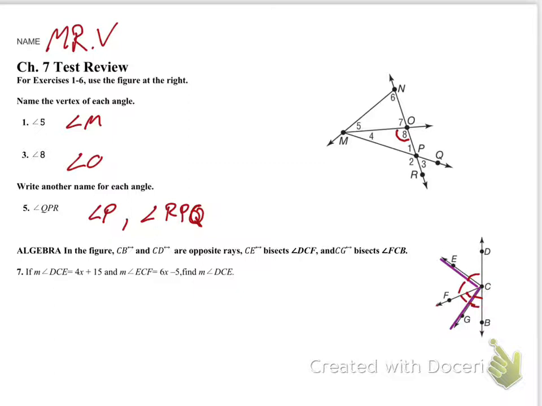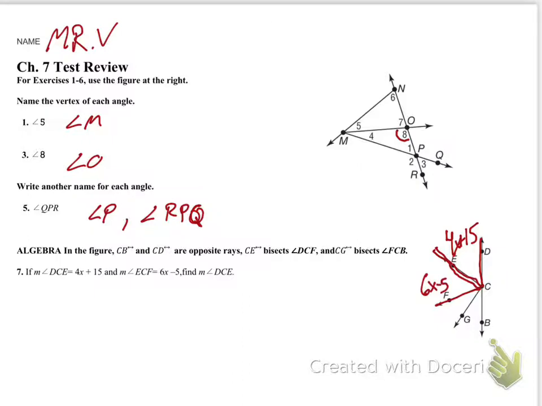So our first problem wants us to find DCE. So DCE would be this right here, if that's equal to 4x plus 15, and measure ECF, so that would be what it's adjacent to, is equal to 6x minus 5.